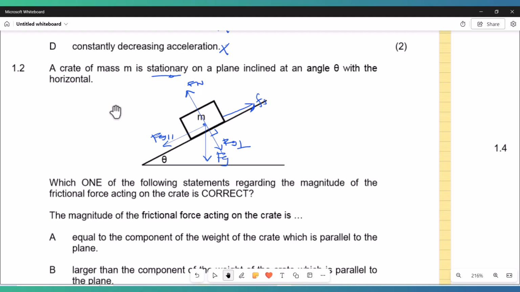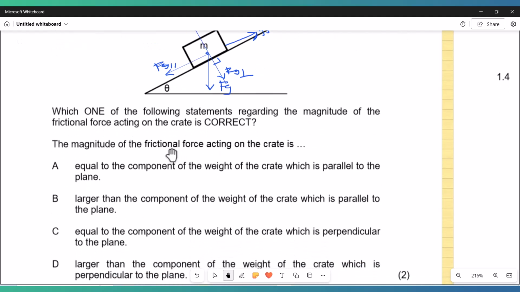Option A says the magnitude of the frictional force acting on the crate is equal to the component of the weight of the crate which is parallel to the plane. That's our answer. We don't need anything else because it is stationary. Since it's not moving up or down, they must be equal.